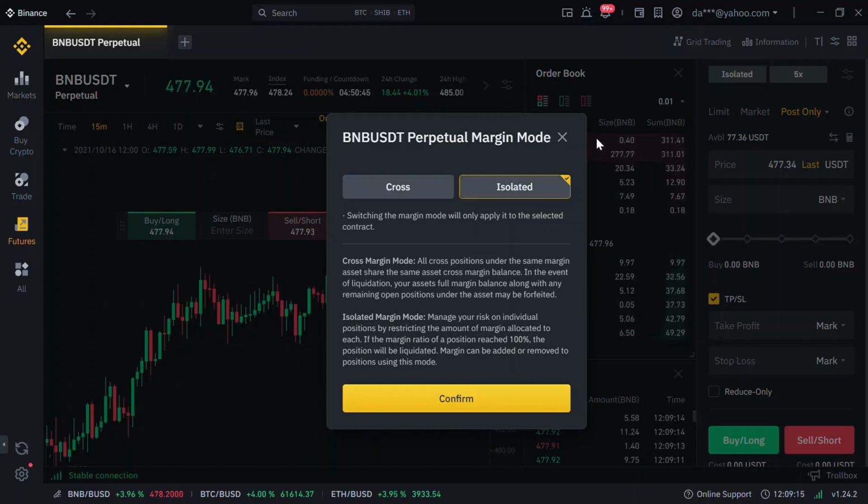Okay, but for emphasis on risk management, you need to use isolated. I recommend isolated for you, so you don't lose all your wallet balance. But when it comes to cross, like I said, you'll be using everything in your portfolio as collateral for the trade.